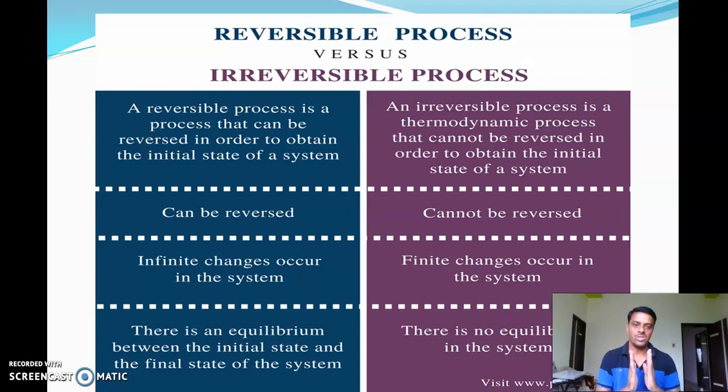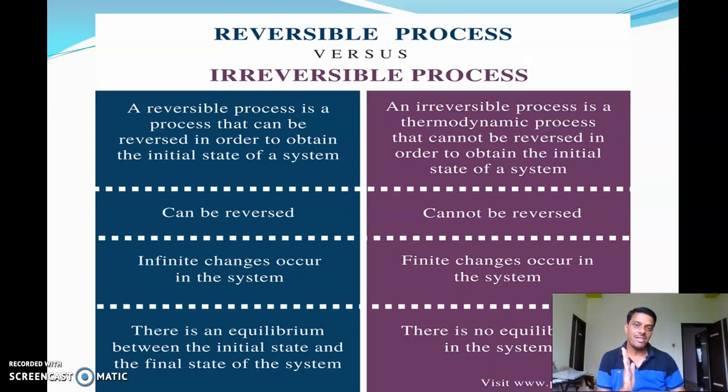Suppose there is one process in which every process has two forces. One is the driving force, which causes the reaction to occur, and the other is the opposing force, which doesn't allow the reaction to occur. If the difference between these two forces is very small, then sometimes the reaction will proceed in the forward direction, sometimes in the backward direction. Let us understand now.